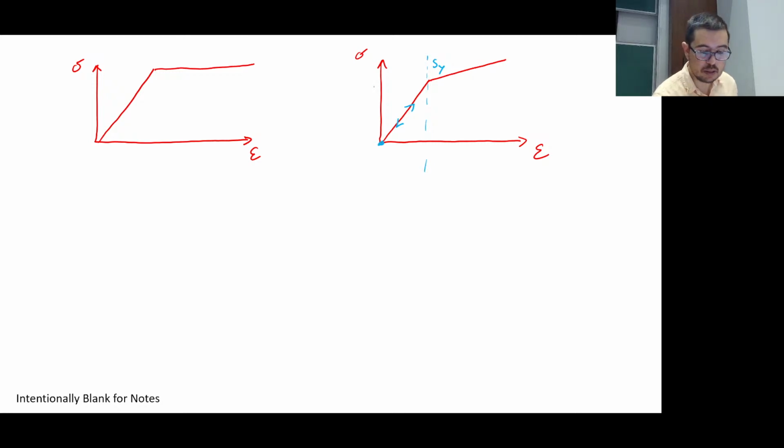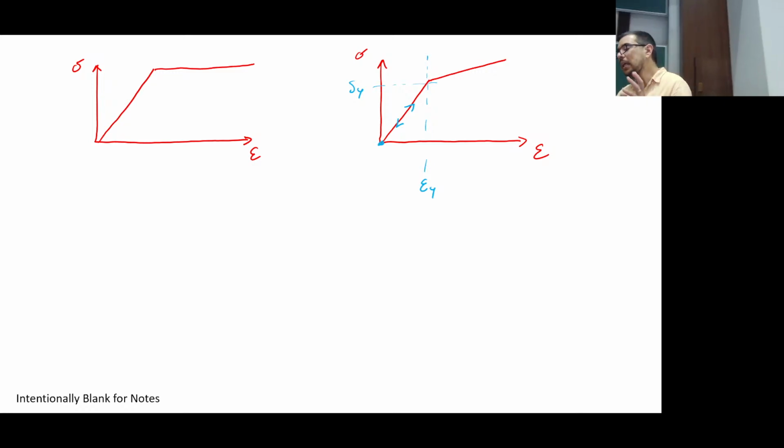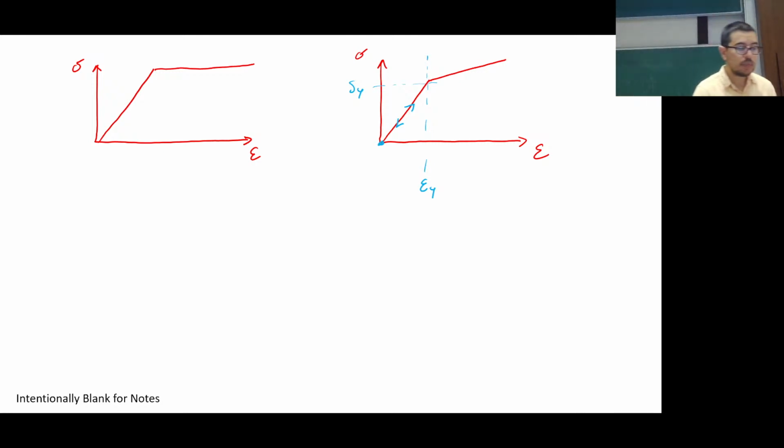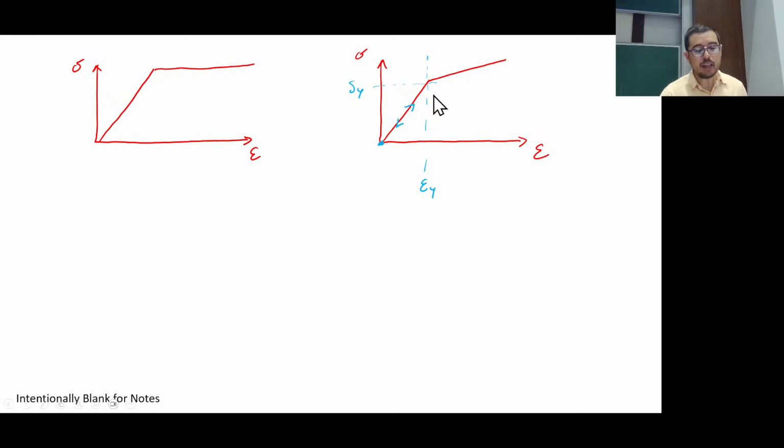So let's say that's yield strength, and this is a yield strain. As long as I stay in that box, everything's happy. But once I leave the comfort of the elastic regime, I've introduced dislocations, again hand waving, and the material can't go back to its original shape.